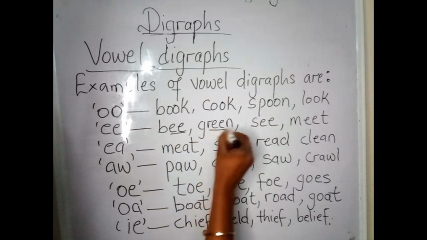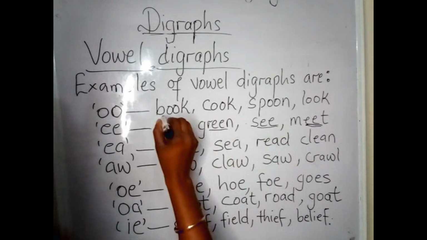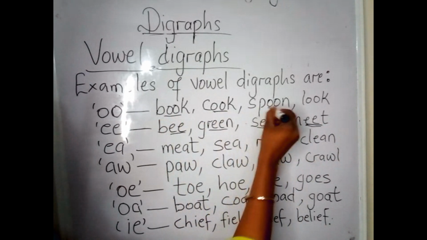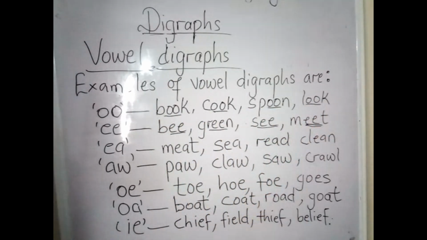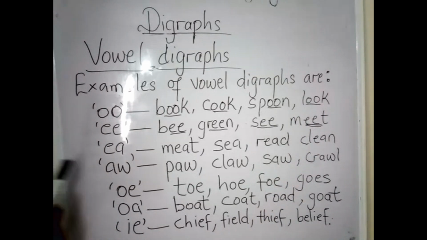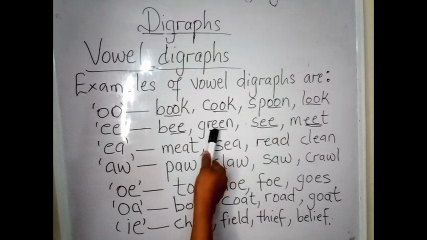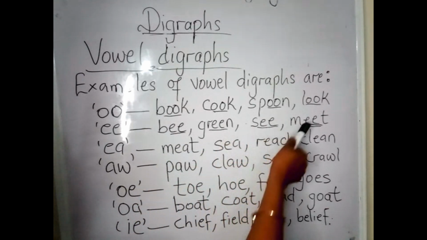Okay, let's just underline the digraphs here, the vowel digraphs. So double letter E, when E combines with itself, its sound changes from E to E, long E, as in bee, green, see, meat.